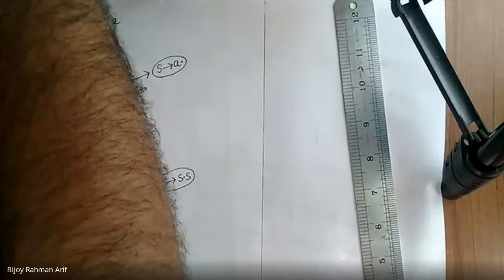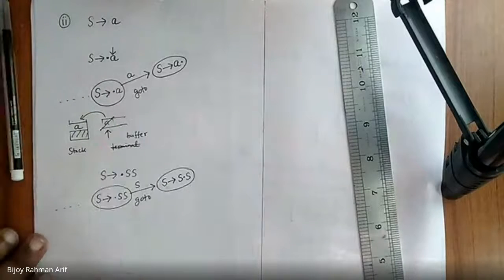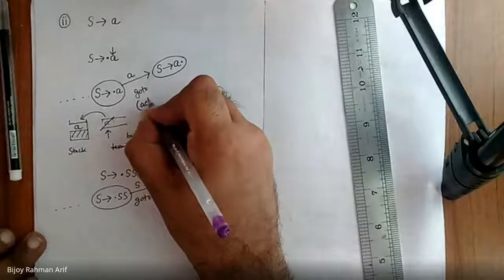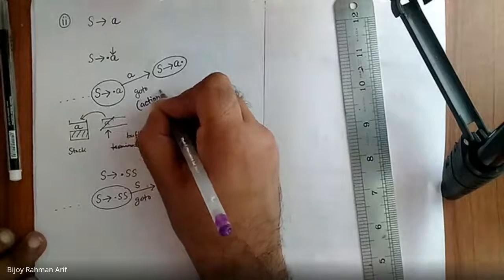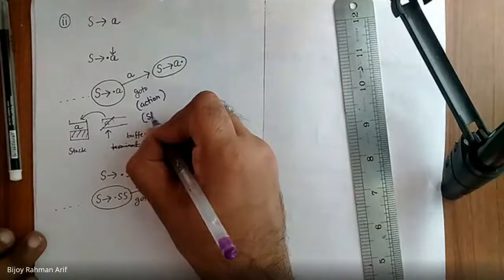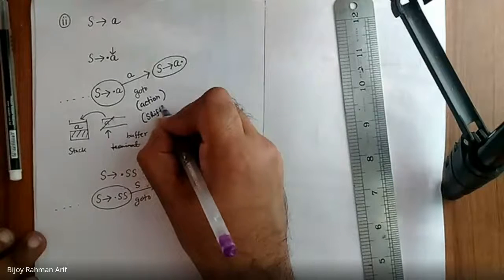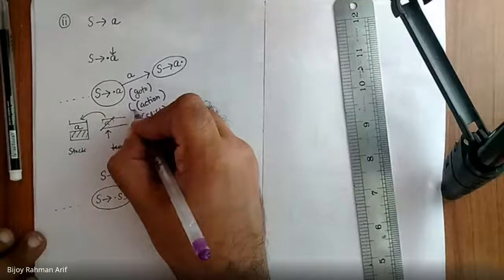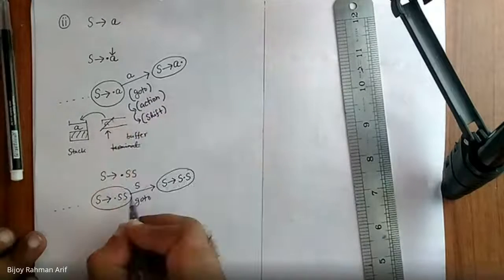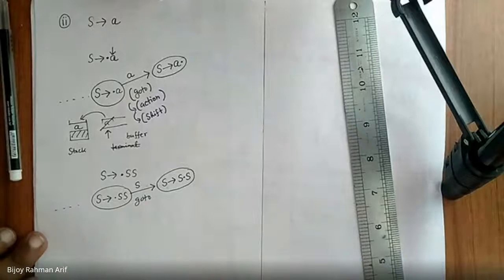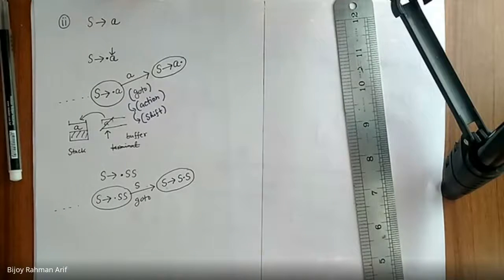But please remember, GOTO on a terminal has a special name. It is also called action, or it is also called shift. But GOTO on a non-terminal is always called GOTO. Did you get it? This is the case.